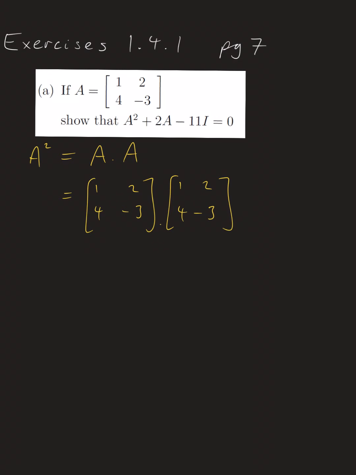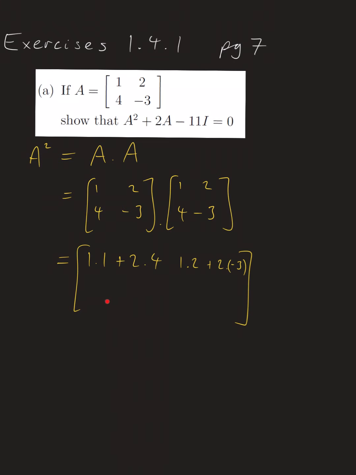So my first element is going to be 1 times 1 plus 2 times 4. First row times first column. Next I'll do the first row times the second column. So that's going to be 1 times 2 plus 2 times minus 3. Next I will do the second row, first column.